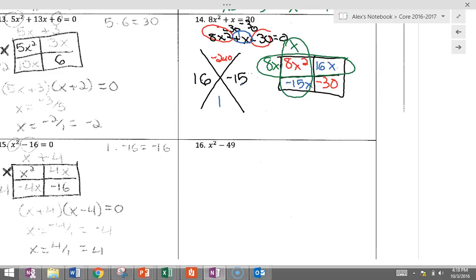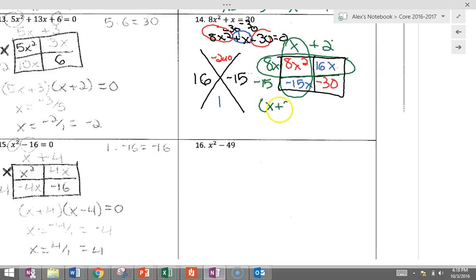Okay? So then 8x times a positive 2 is 16x, and x times a negative 15 is negative 15x. We can check here, negative 15 times 2 is negative 30. So I'm going to write both of these.